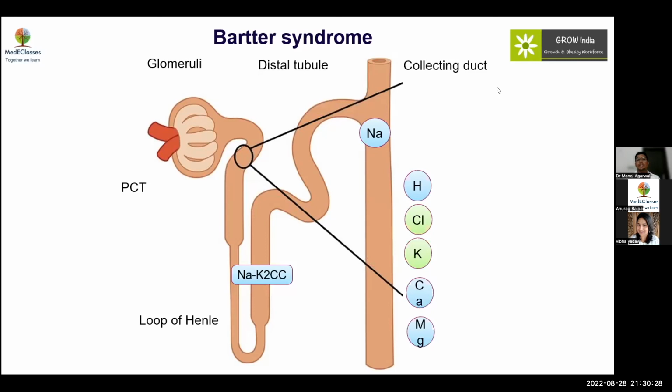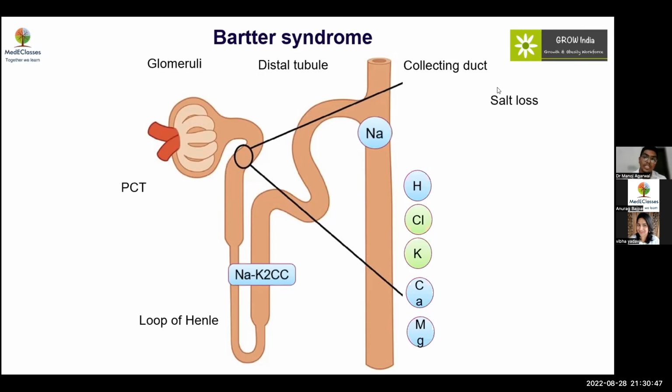So this is a similar condition as we discussed before, like furosemide excess. So in Bartter syndrome, there is a defective sodium potassium chloride channel. What does that mean? Body is leaking sodium and potassium from the urine, but from the collecting duct, sodium is absorbed and potassium lost.